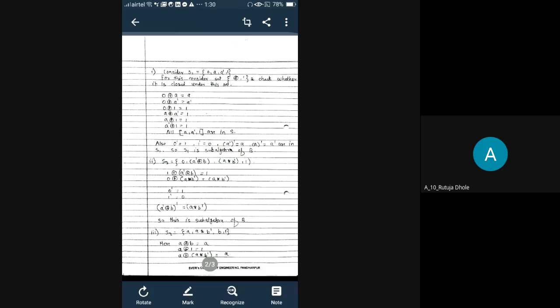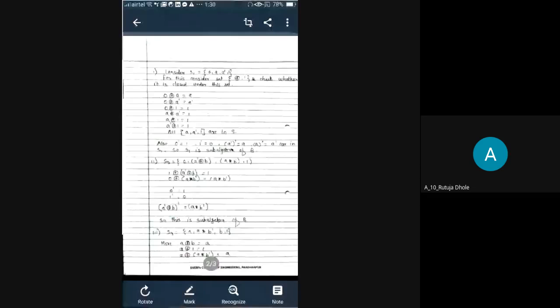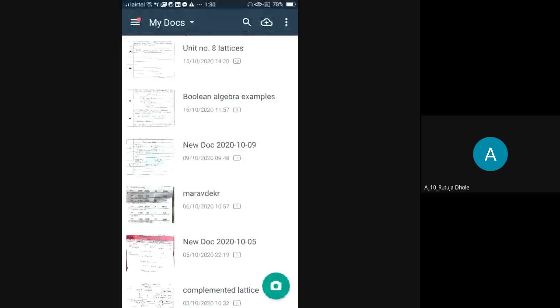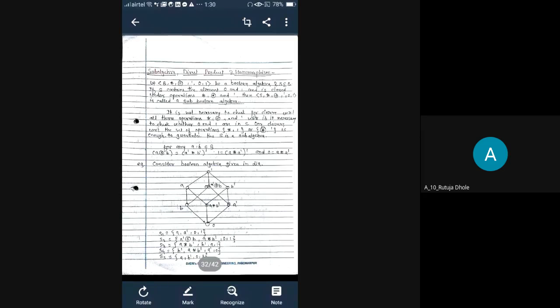Hello, ma'am. In the first, A XOR A dash is equal to 1. How is it? Okay. So I have not drawn the diagram here once. Let us see. I have written that from this diagram only.